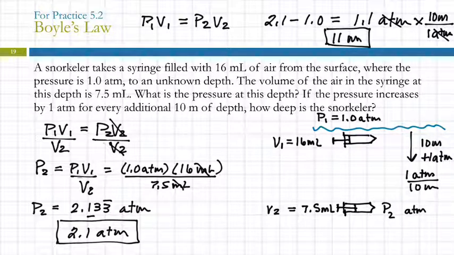The syringe is 11 meters deep. That's tricky because you can't just take the 2.1 and convert it. That would give you 21 meters. Well, that would be true if pressure at the surface was 0, but it's not. Any questions?